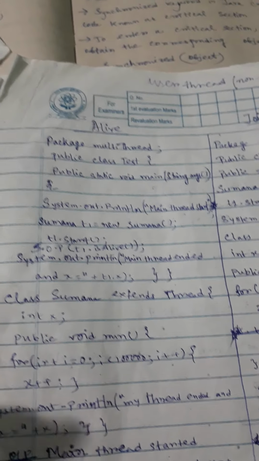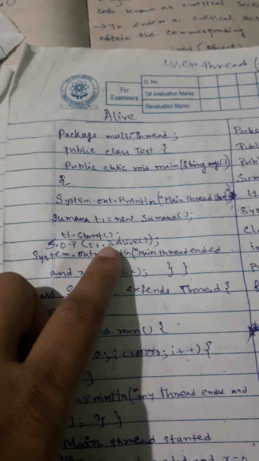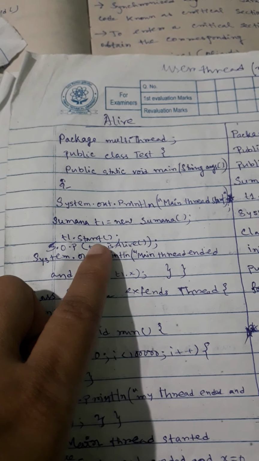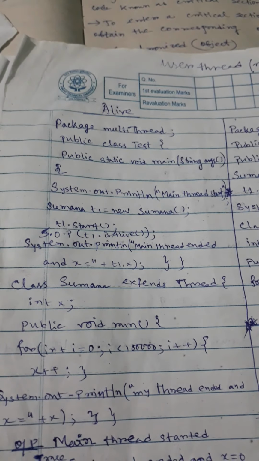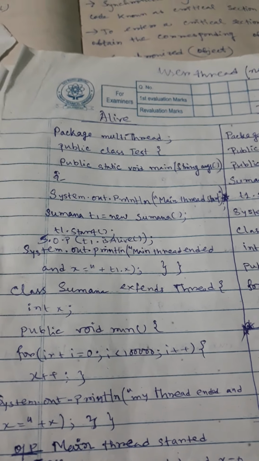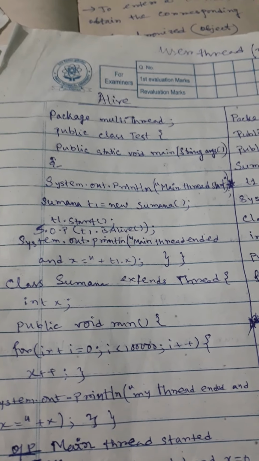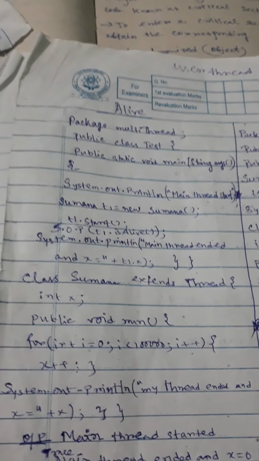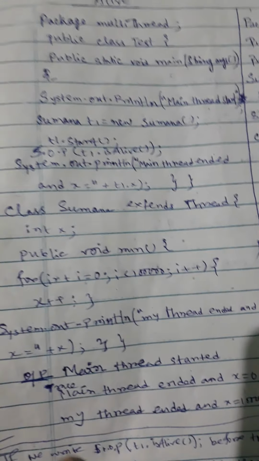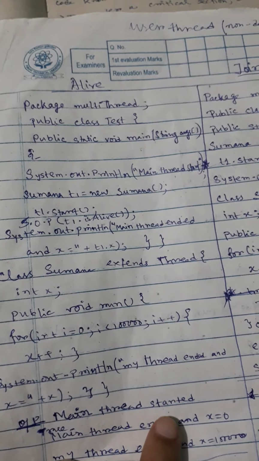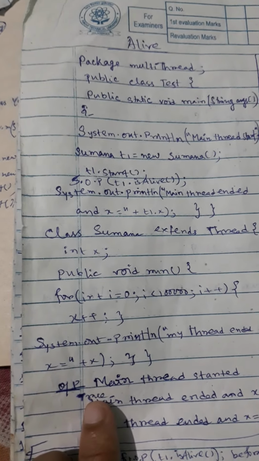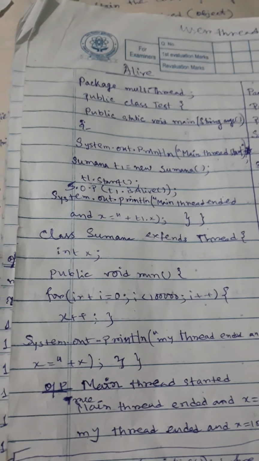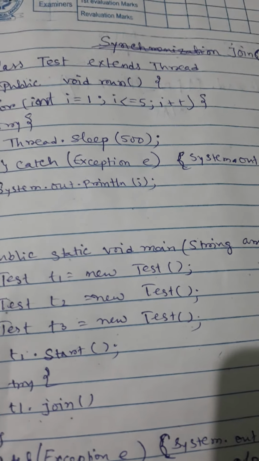So here the main thread is started, and after the start method, it will show the status of whether any thread is active or not. If the main thread is active, then it will show the output true. So this is about isAlive.